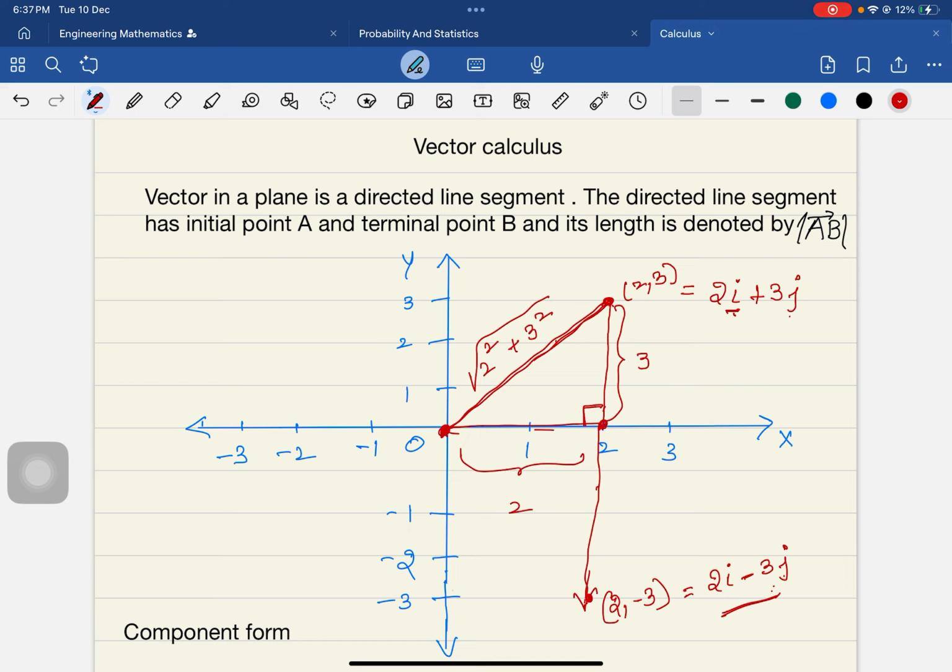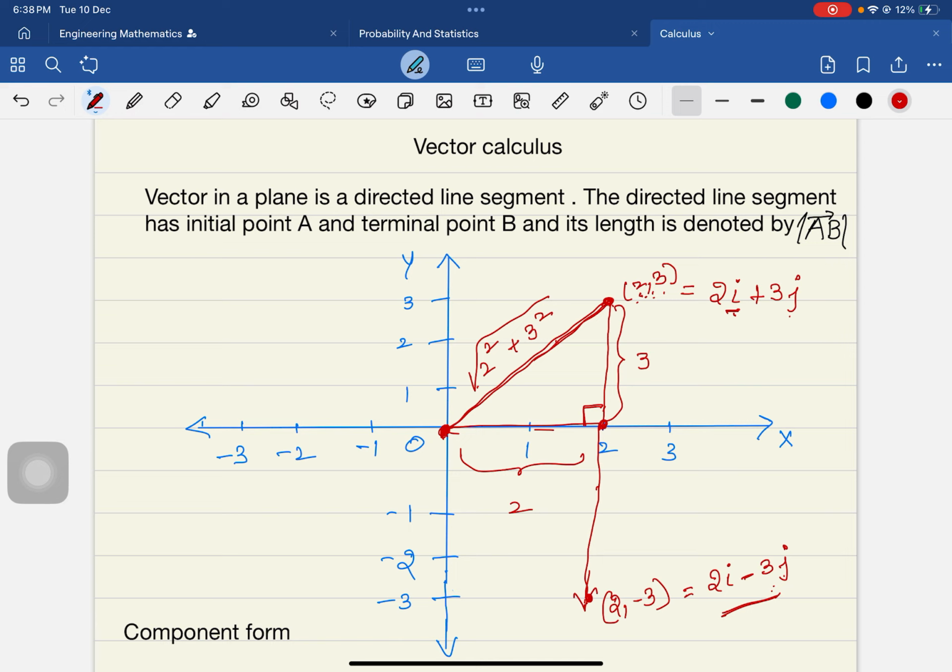From this idea, the scientists got the idea that I have a vector 2i plus 3j, that means towards the x-axis 2 units and towards the y-axis 3 units. Then I can get the distance from the origin to the point 2 comma 3 as the square root of the x coordinate square plus the y coordinate square.